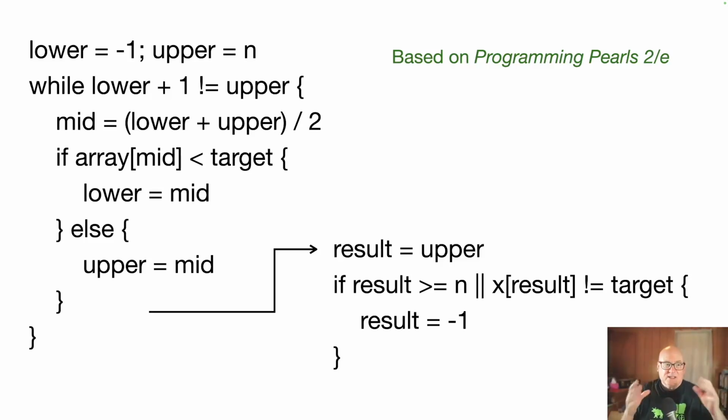And then you look at the thing and decide, am I less than or greater? You'd think there'd be an equal case. I guess at the end, you've squeezed it as much as you can and you check. The result is upper, but if you got out of range or it's not equal, then it's -1. Okay.